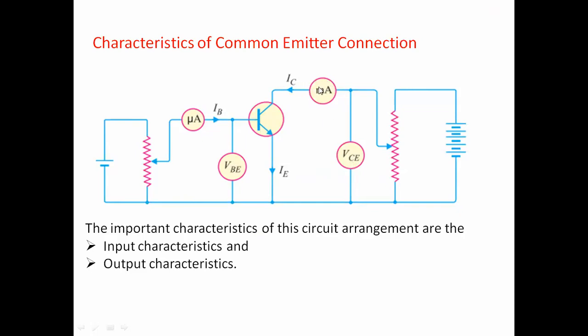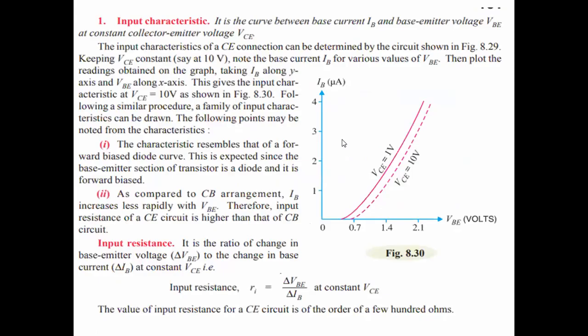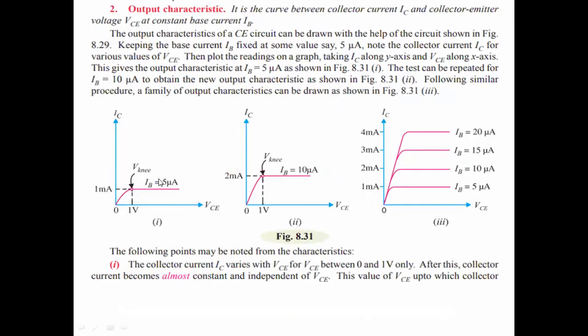These two values will be plotted in the output characteristics. Here IB is equal to 5 microamperes, constant. We increase the VCE and you will get the IC current, that is 1 milliampere.